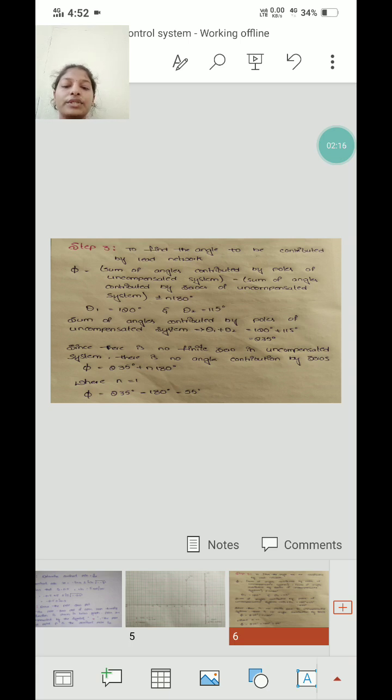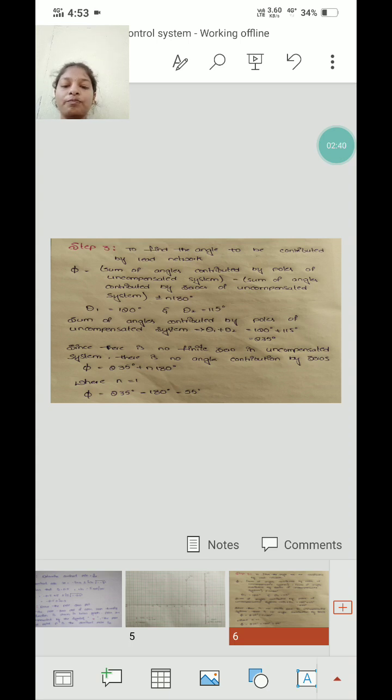From the graph we know that theta 1 is equal to 120 degrees and theta 2 is equal to 115 degrees. Sum of angles contributed by the poles of the uncompensated system is theta 1 plus theta 2, which is 235 degrees. Since there is no finite zero in the uncompensated system, there is no angle contribution by the zeros.